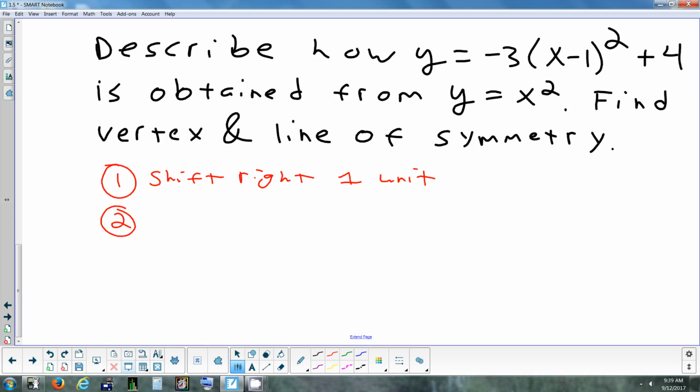Shrink it vertically by a factor. I like the idea it's going to do something vertically, but it's going to stretch. So it's going to make it tall and skinny kind of thing. So it is going to do vertical, but it's going to be vertical stretch by a factor of 3.